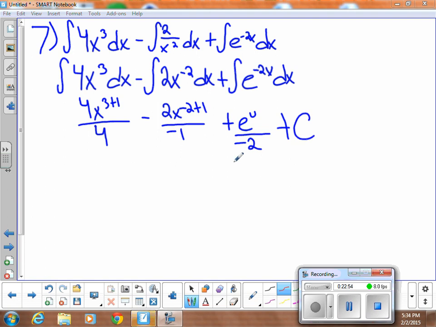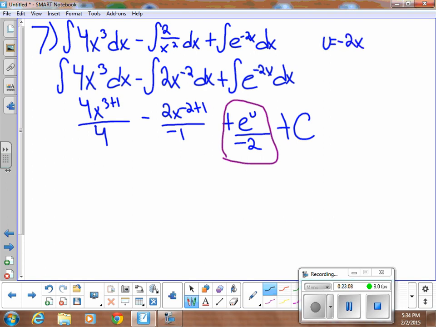Now I'm going to explain real quickly on the side where this part is coming from. It comes from doing u substitution. So my u would equal negative 2x. So du is negative 2 dx. Then du over negative 2 equals dx. And so that's where this negative 2 is coming from over here.